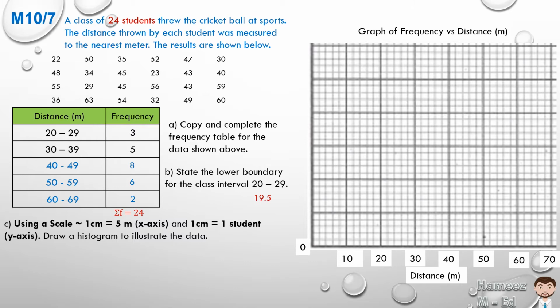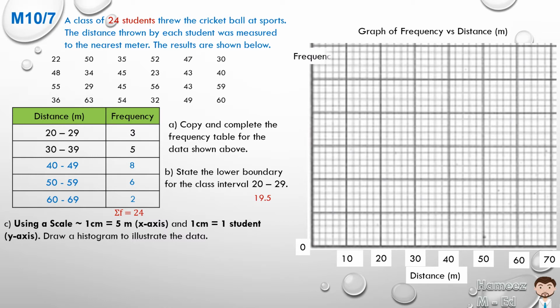The reason I've set it up like this is because in my larger blocks, which are marked a little darker, the distance there is 2 centimeters. So from the scale, 1 centimeter is equal to 5 meters distance, so 2 centimeters will be equal to 10 meters in distance. So that's why we got those markings.